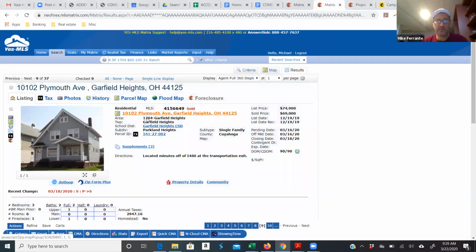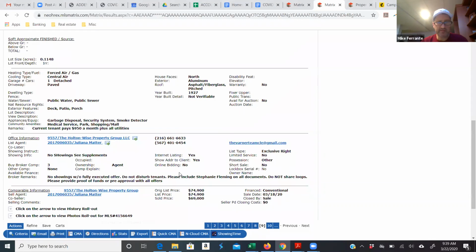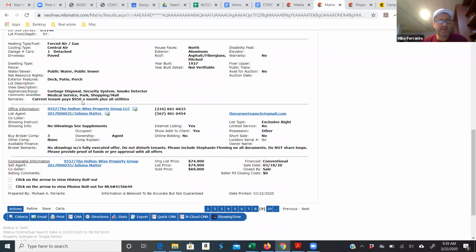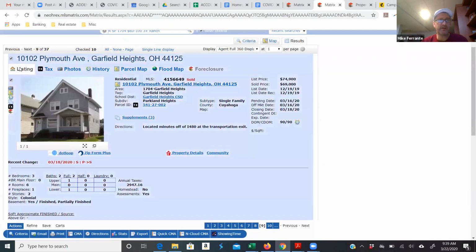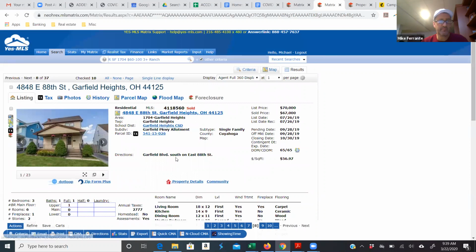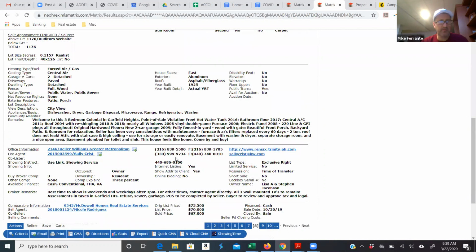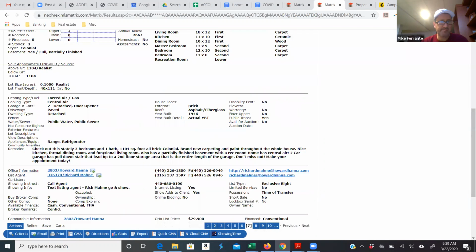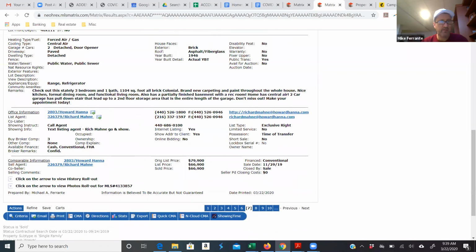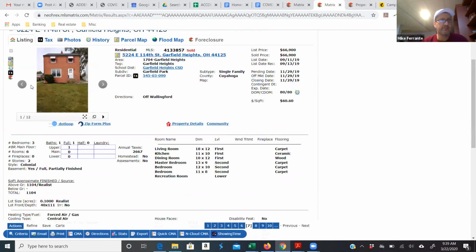I could keep going, but we're going to see the same thing. I found another one. Here's $950 a month. Big Colonial went for 69. Another perfect rental comp. This was not a rental. This was not a rental.